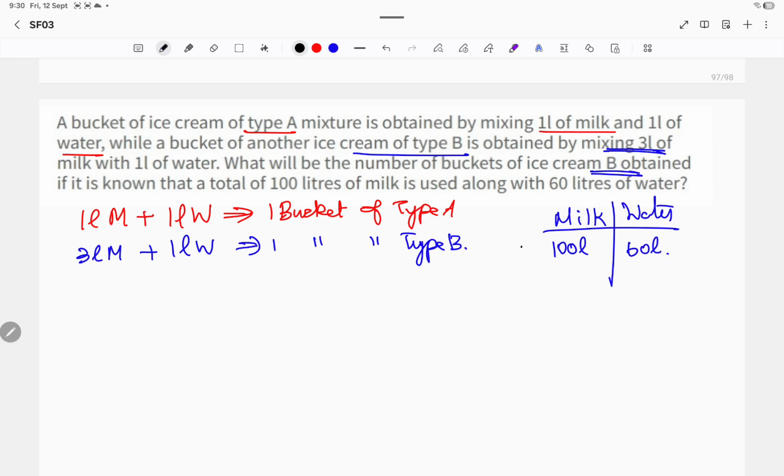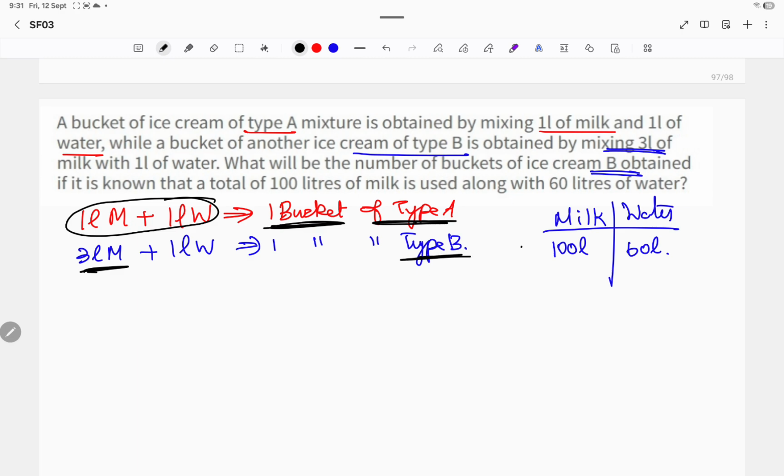Now, one thing we need to understand here is anytime I create a bucket of type A, there will be equal quantities of milk and water used. So every time there is an extra milk used, that is definitely because of type B ice cream that is getting created.